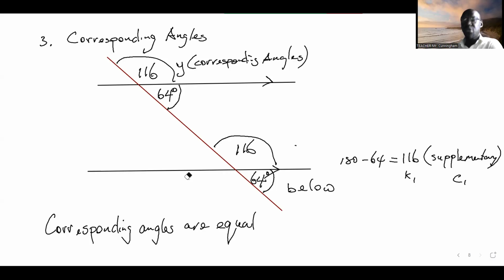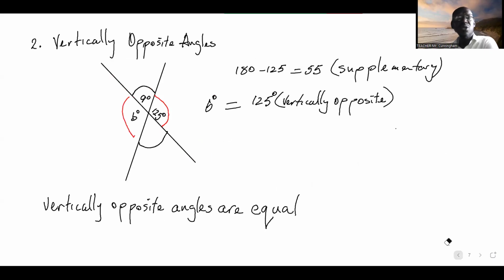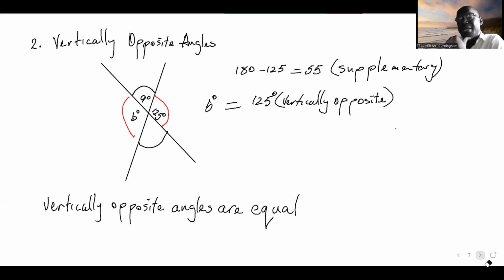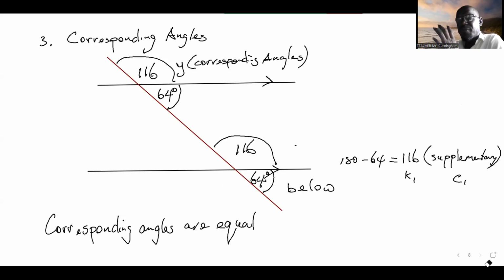Okay, let's recap. Jeremiah, if you're there, I didn't see any work from you. We started off with supplementary angles, which are on a straight line. They add up to 180 degrees. Two angles adding up on a straight line.